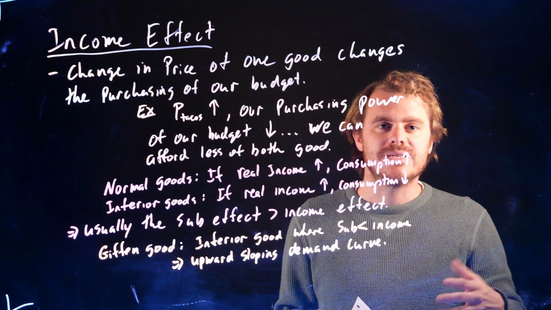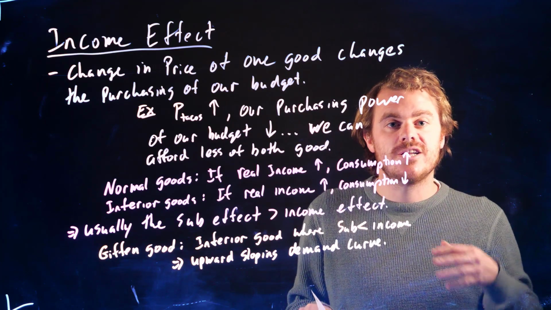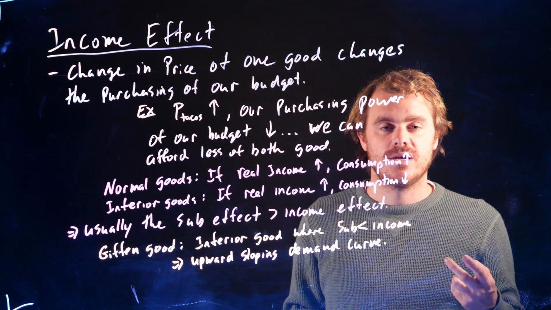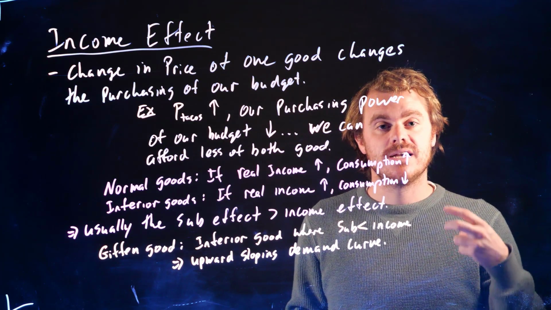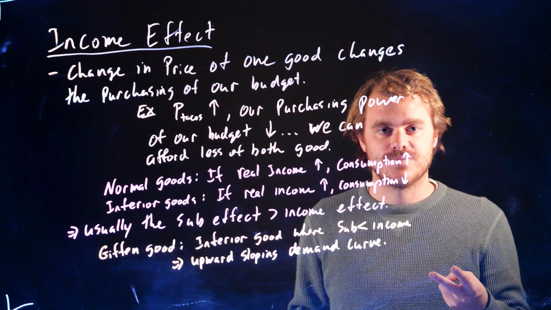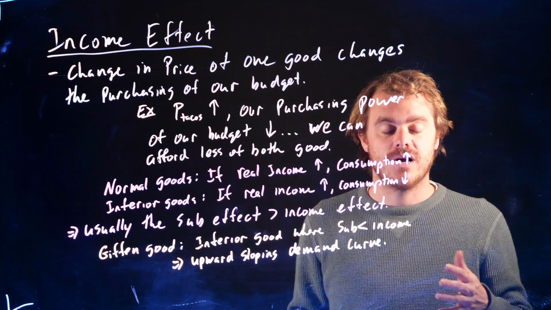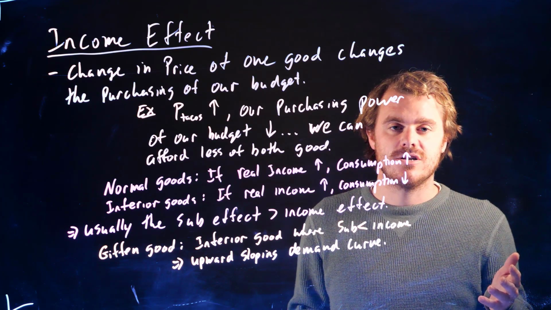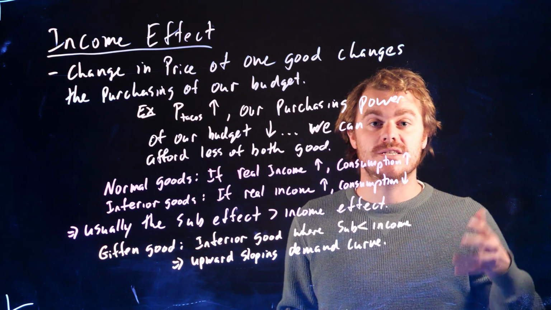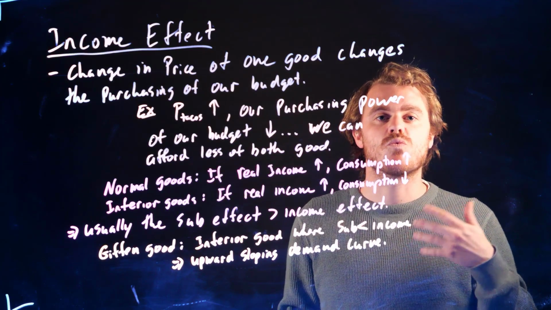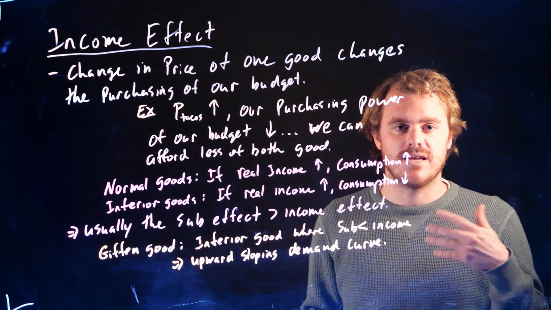But what we want to do is decompose that total change into two different effects: the substitution effect and the income effect. The substitution effect is the change in consumption of tacos, let's say, due to the fact that if the price of tacos goes up, they became relatively more expensive than they used to.